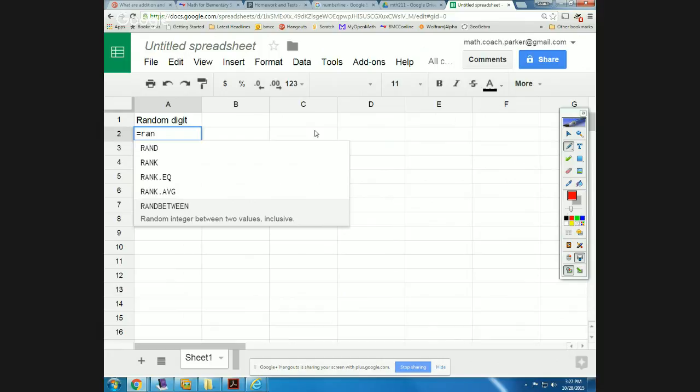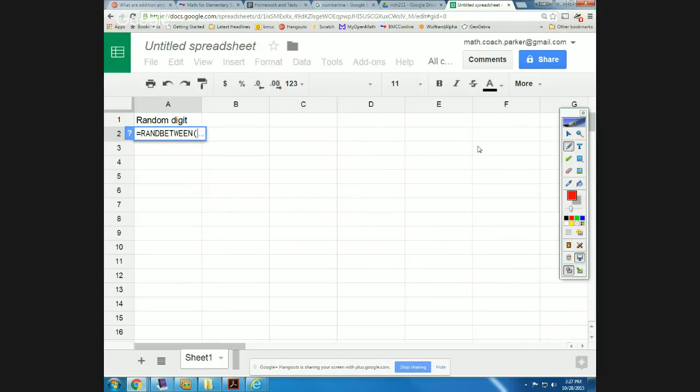What does the inclusive part mean? Including the two endpoints. Like I said, give me a number between 0 and 9, it could give me 0 or 9. If it said exclusive, it would exclude the endpoints. And you have to be careful when you read what the things do. So I want a digit, which means I want something from 0 to 9. Close parentheses, enter. So there's a random digit.